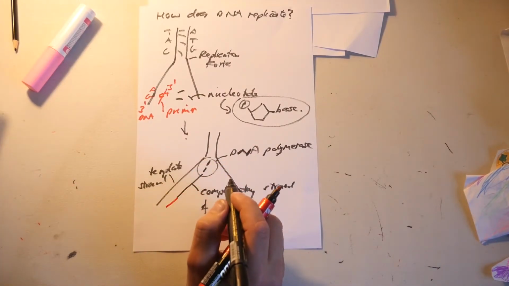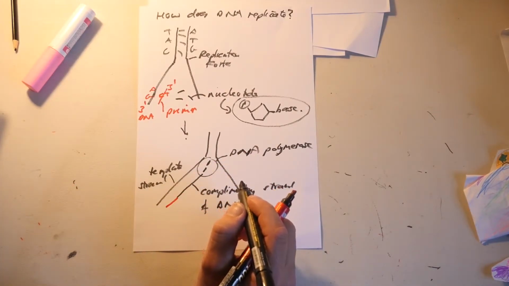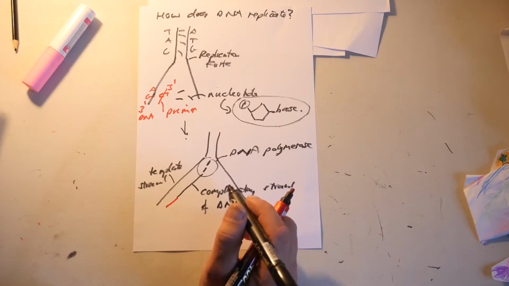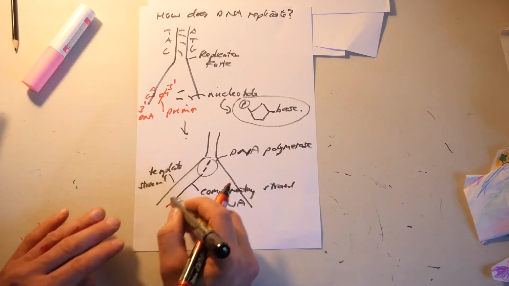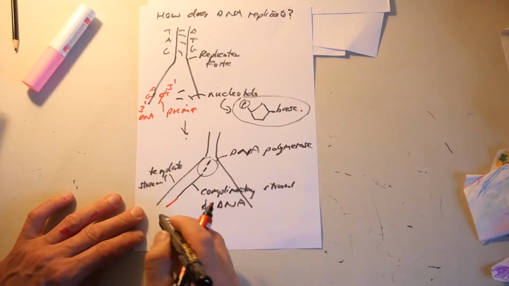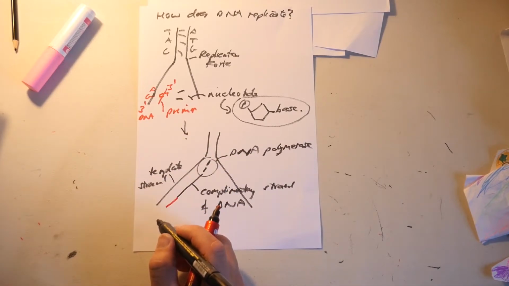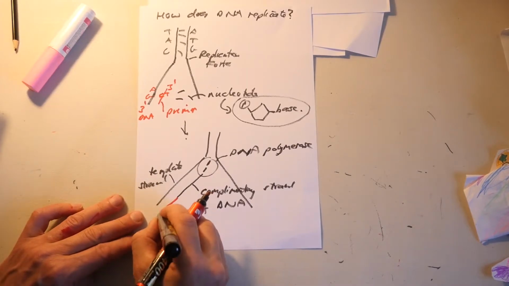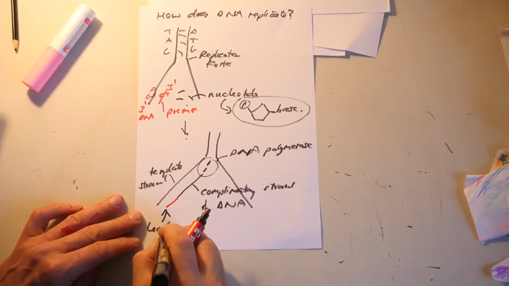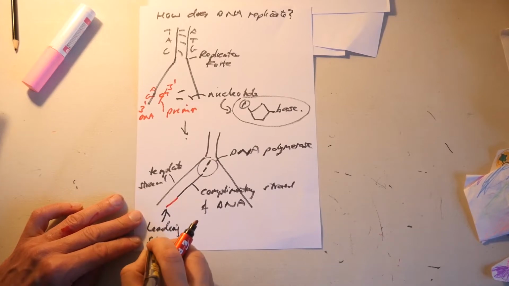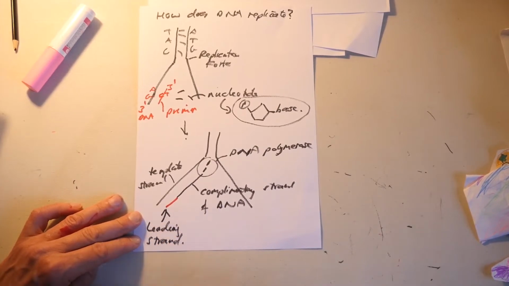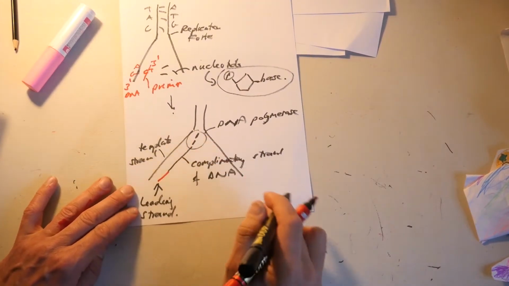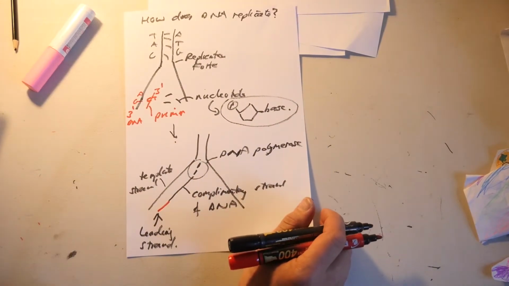So these get joined together. This strand here is called the leading strand, okay? And what happens to the other strand is slightly more complicated.